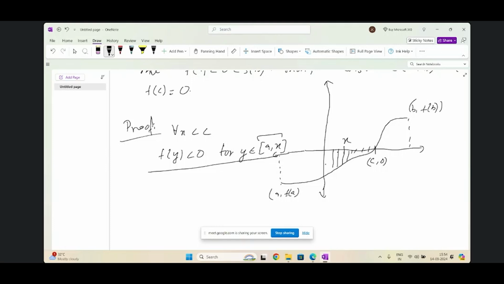Do all of you agree that this observation is correct? Does anyone have any doubt here?